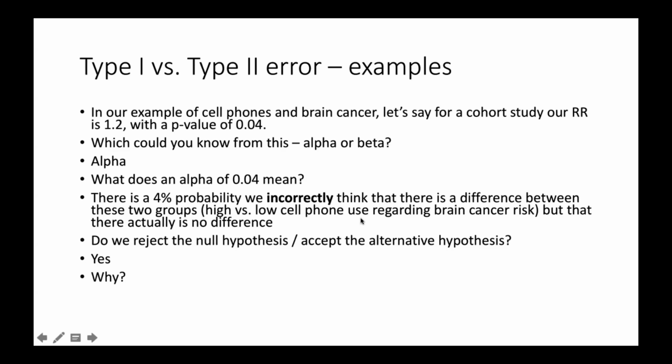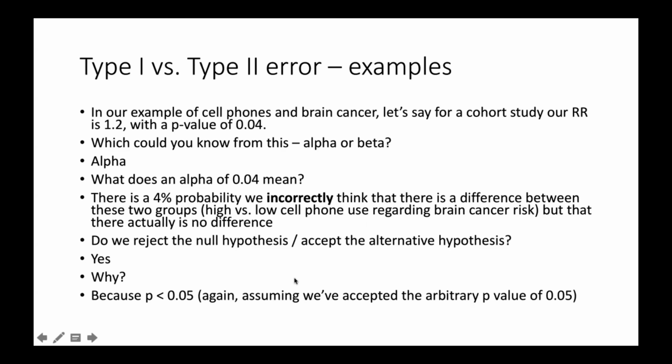I don't know how to explain, sorry. It's okay. So again, the thing that matters is the p-value. That is how we know whether we can reject the null hypothesis or accept the alternative hypothesis. It's all based on the p-value.